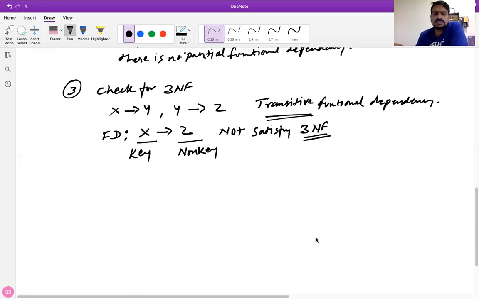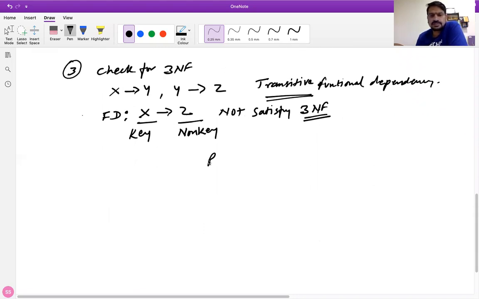So what do we have to do? The R, which is X, Y, and Z, should be divided, should be split. But because of which particular functional dependency do we have to split? Because of this one. If this were not there, we wouldn't get the transitive functional dependency.